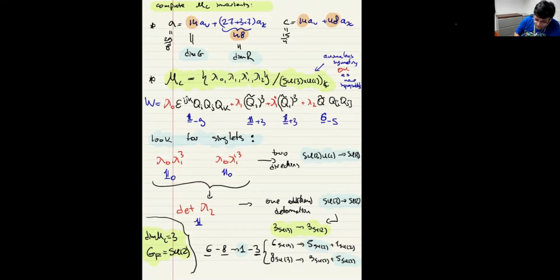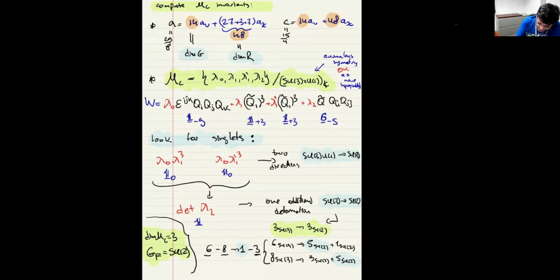If you turn on only these couplings, since they are not charged under SU(3), you don't break SU(3), but you do break the U(1) since they are charged under the U(1). So these deformations give you a 2-dimensional conformal manifold on which SU(3) symmetry is preserved, but U(1) symmetry is broken. Okay, you can analyze this conformal manifold next.